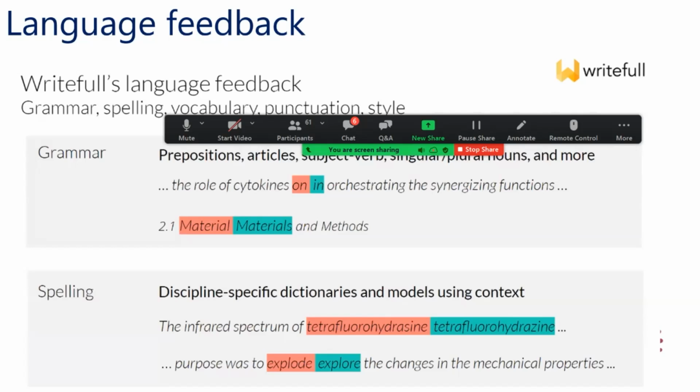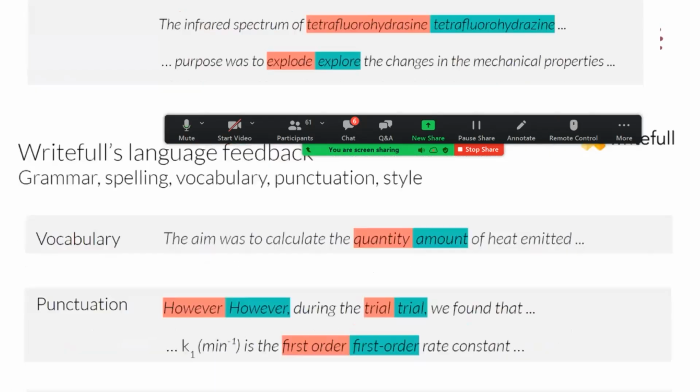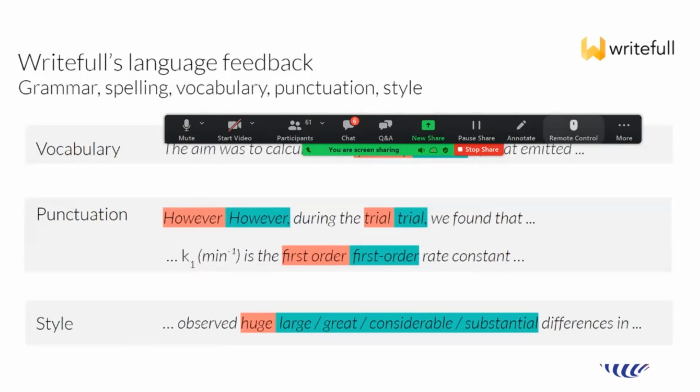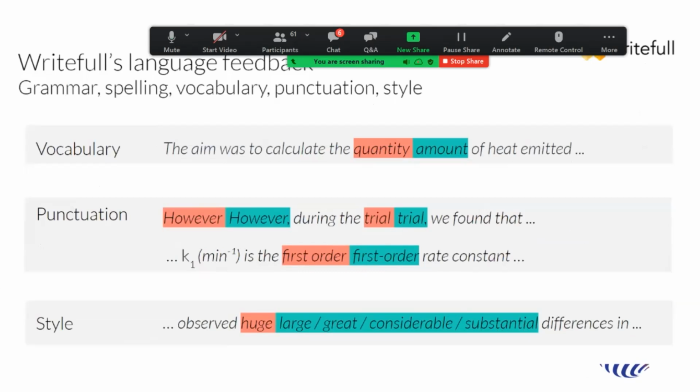And the other principle, I'm going to just move on, is vocabulary. In this case, Writeful is suggesting that the author use the word, the aim was to calculate the amount of heat emitted and not the quantity of heat emitted. And punctuation as well, that would be picked up, and style.